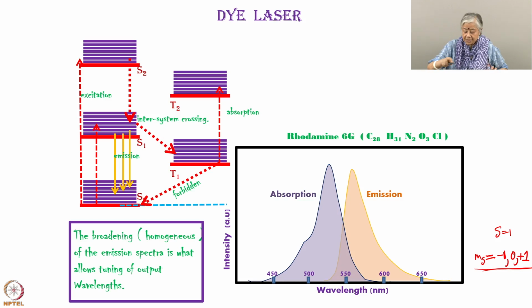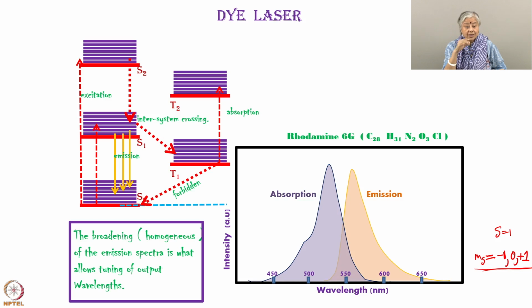But these don't limit themselves to only vibrational levels. There are also rotational levels. These molecules can rotate in some way. Each of those atoms can rotate with respect to each other in some way. So, those give rise to the rotational levels, and I have not shown them separately.